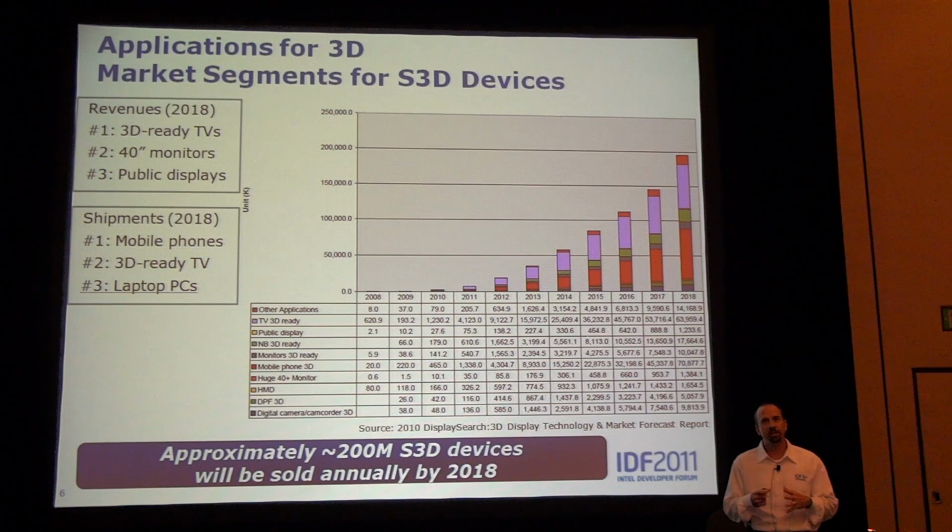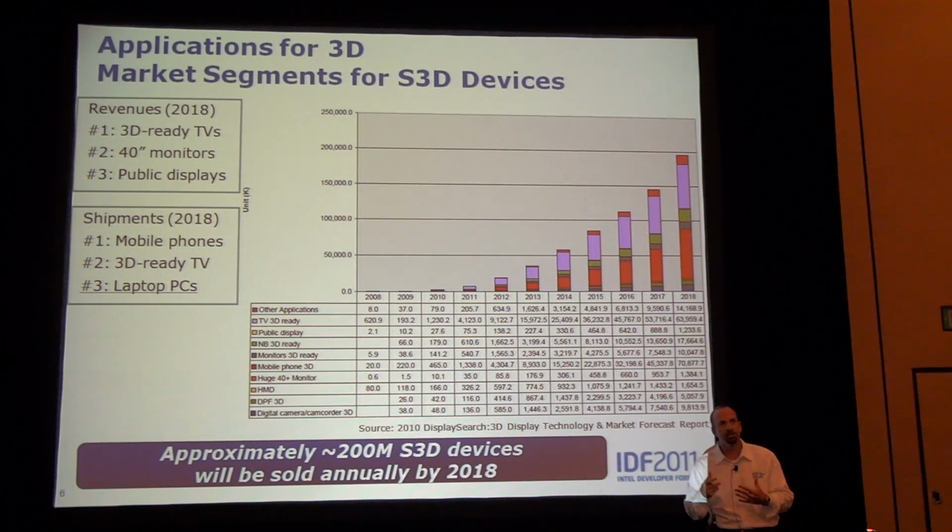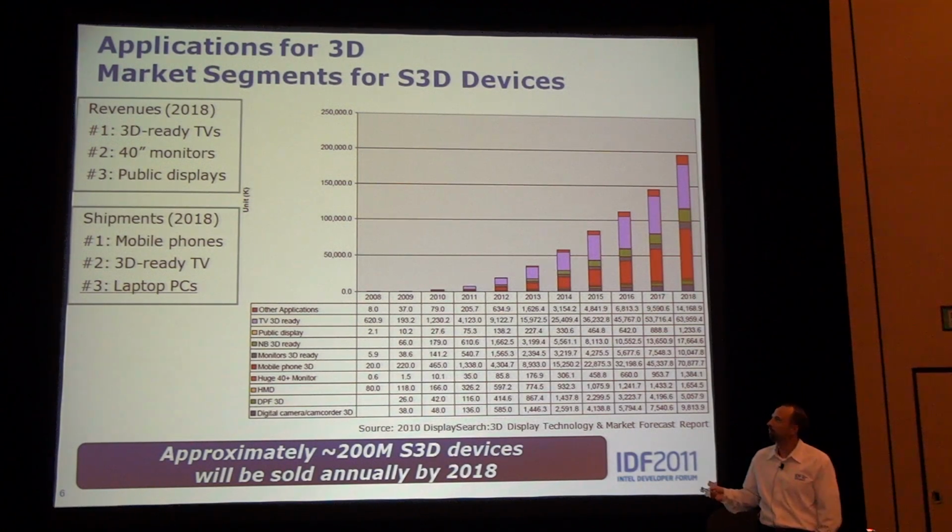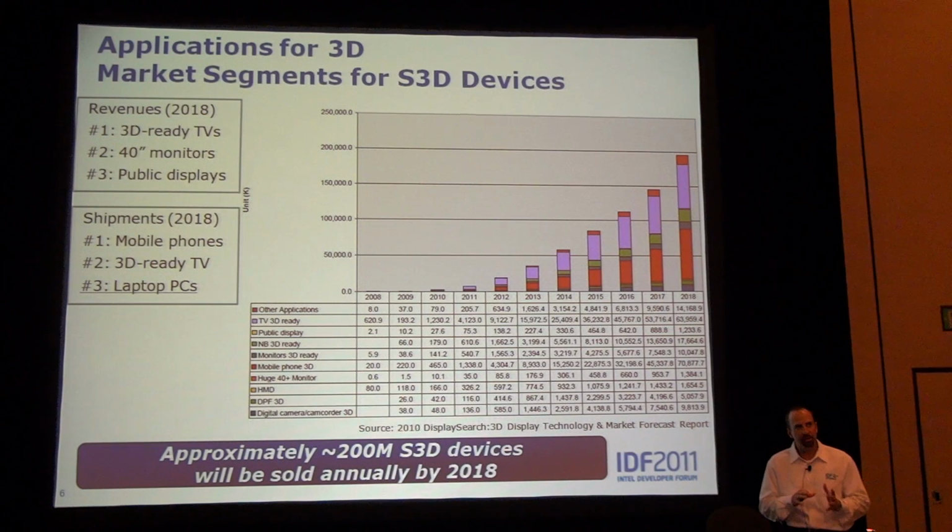And that's because we think that the laptop PC is going to be necessary to be able to consume this content. You're going to be able to watch your content on YouTube 3D. Facebook will likely have a lot of 3D content by that time. It's going to be, again, another way to consume content. Number three is where we see the laptop PC. So again, the devices are coming.